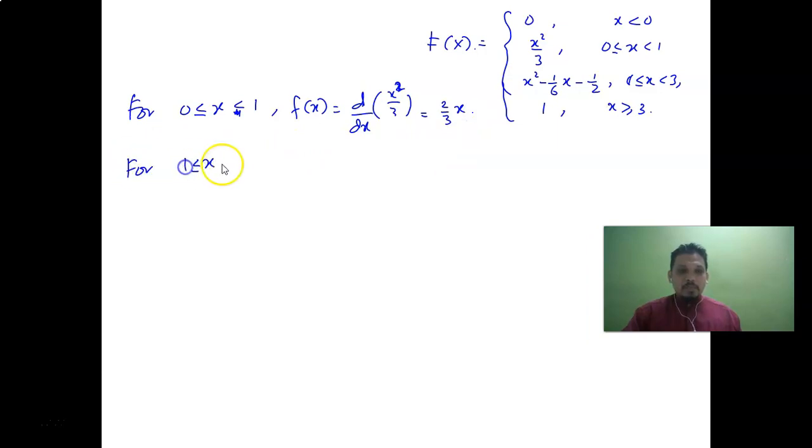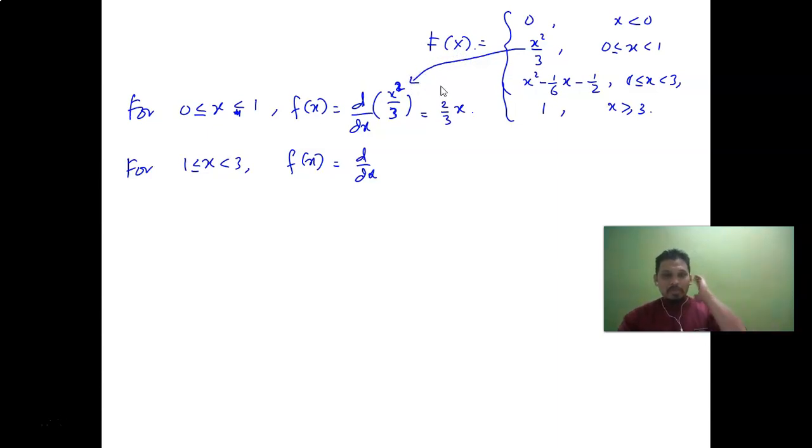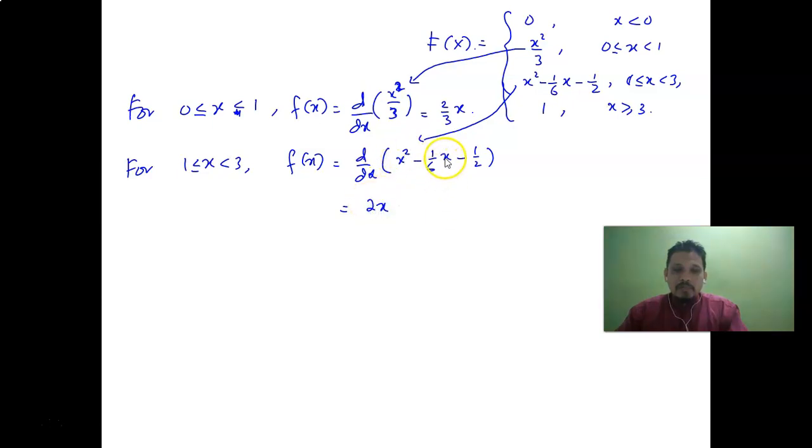For x between 1 and 3, the f(x) equal to the derivative of x squared minus 1 over 6 x minus 1 over 2 with respect to x. So differentiate x squared, 2x; differentiate 1 over 6 x equal to minus 1 over 6; differentiate negative half equal to 0.